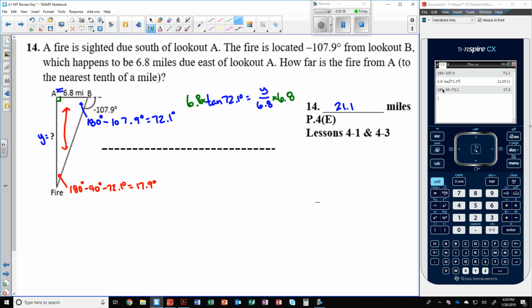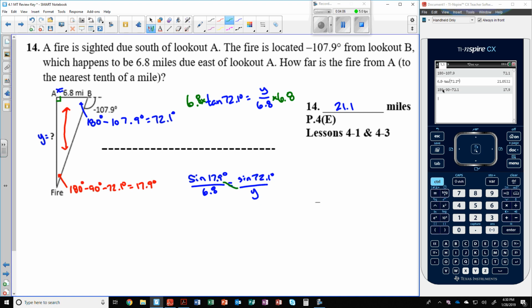So I'll just say sine of 17.9 degrees over 6.8 equals sine, and since I want the y, I would use the angle across from it, which is 72.1, over the y. You could use Nsolve to solve this, but the math involved would be cross multiply and divide.